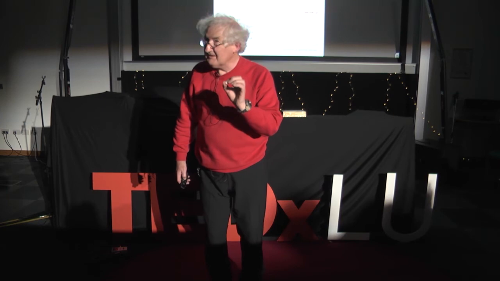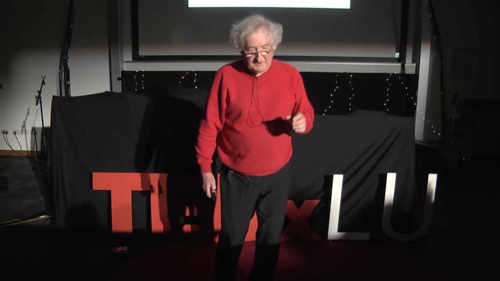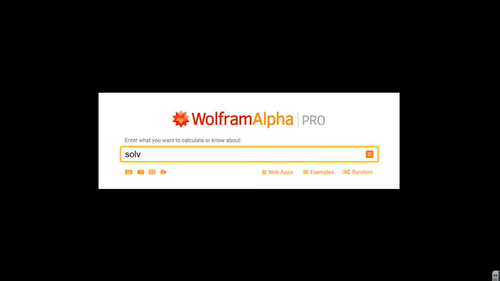Can we get any better than that? Well, what if we type this into Wolfram Alpha? Solve 4/3 pi r cubed equals 12.5 kilograms divided by 19.5 grams per cubic centimetre for r. Now note, here we've done something that you're warned not to do at school. We've mixed up units.